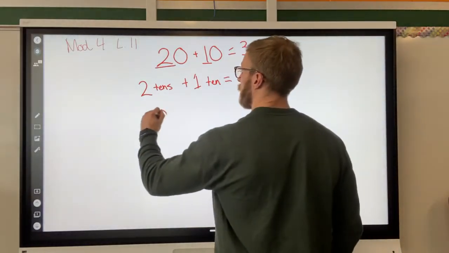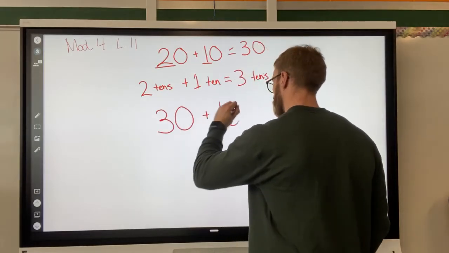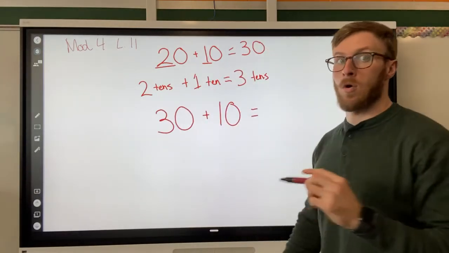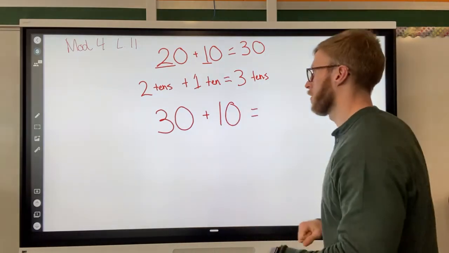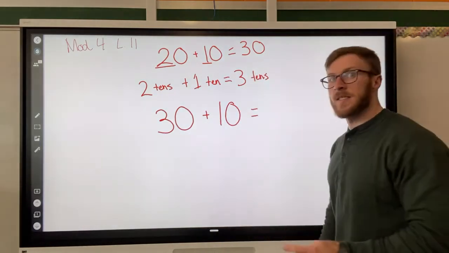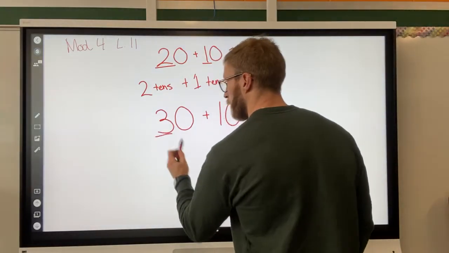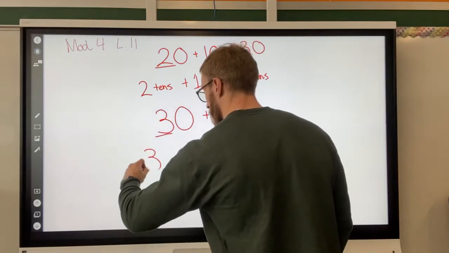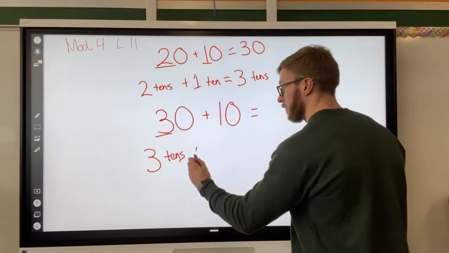So if we were to do 30 plus 10, I don't want you to go, oh my gosh, those are huge numbers. I can't do that. I want you to break it down. 30 is equal to 3 tens, right? Because there's a 3 in the tens place, so it must be 3 tens. Plus 1 ten.